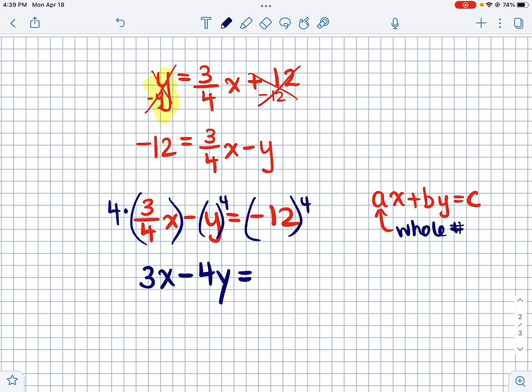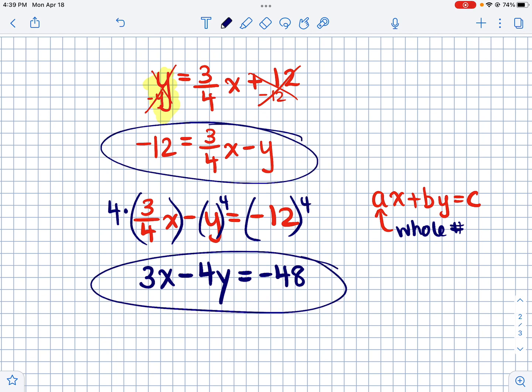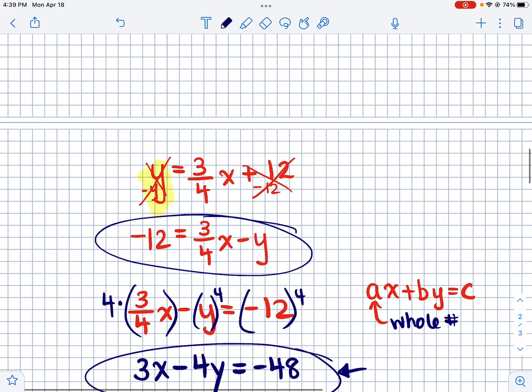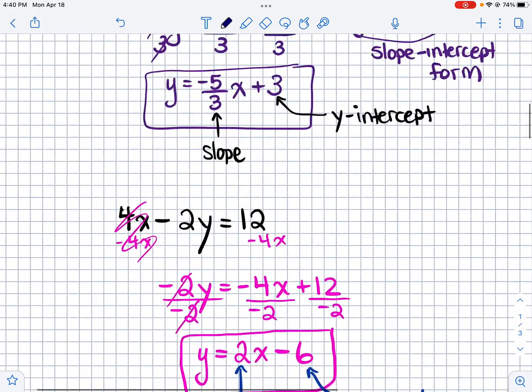And my negative 12 will become negative 48. So these equations are equivalent, like this one and this one. It's just, I don't know, this one's prettier or something. So that's how you can convert between slope-intercept and standard form.